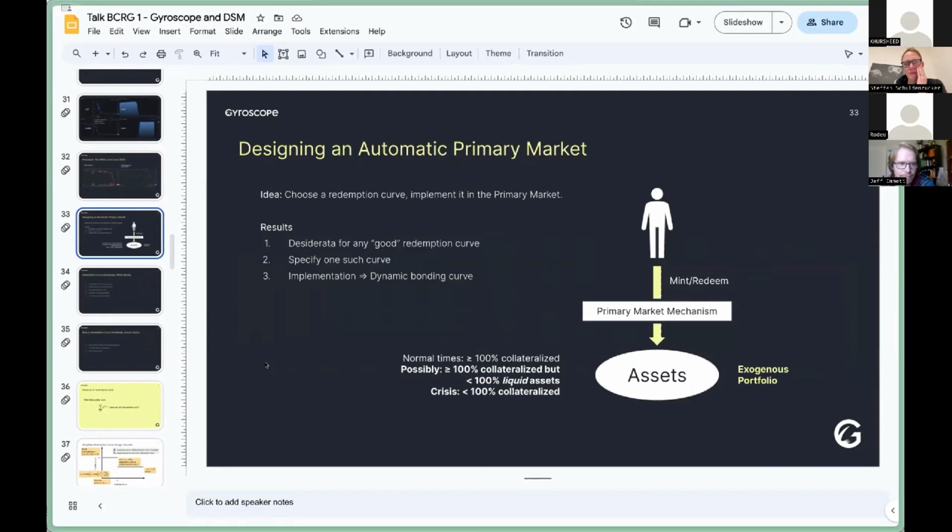Question: are you familiar with Ampleforth? Isn't that the rebasing system? Well, it's an interesting system. I don't want to get into it, but it's elastic, right? It decreases supply when it's above peg, and it increases supply when it's below peg.